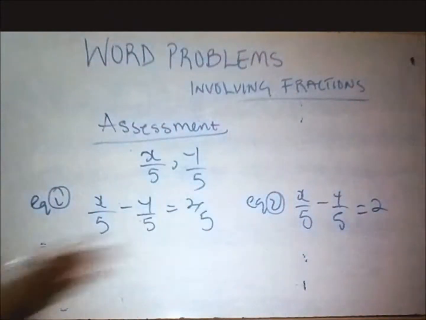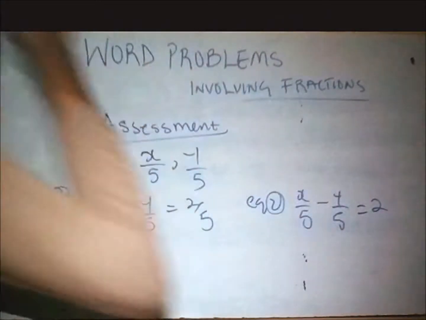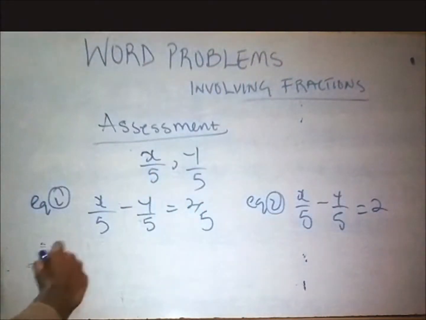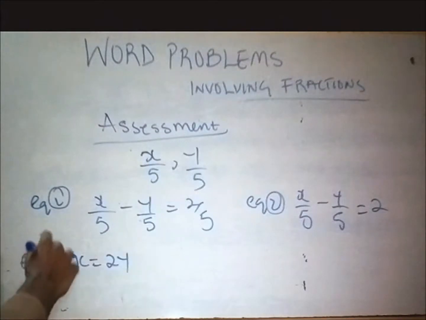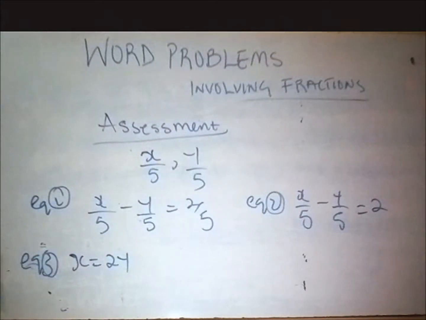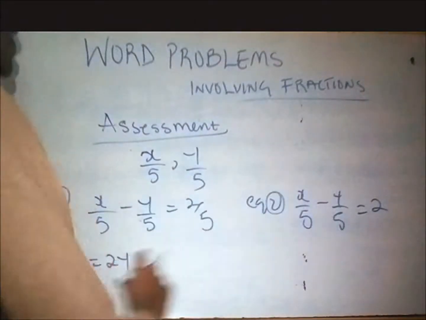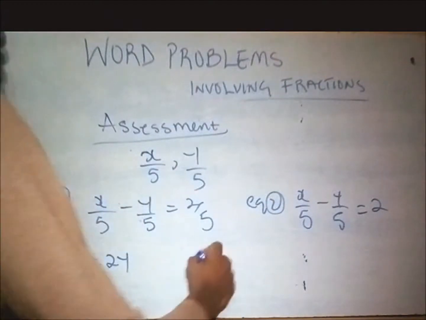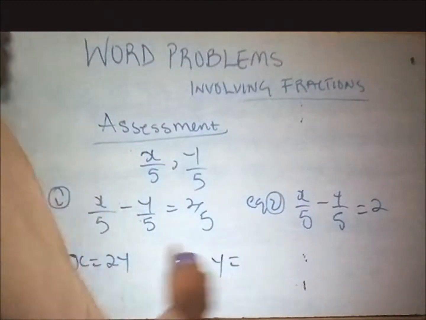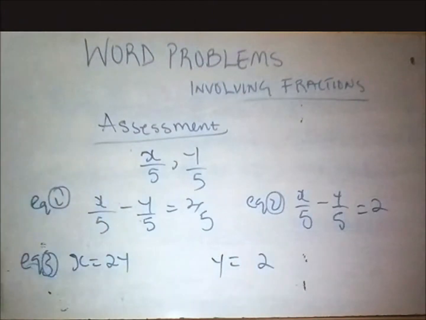And we used equation 2 first, and we found x to be 2y. We now found that as equation 3. So finding x to be 2y, we'll put x equals 2y in equation 1, and we found that y is equal to 2. So putting y in this equation 3, we found that x is equal to 4.